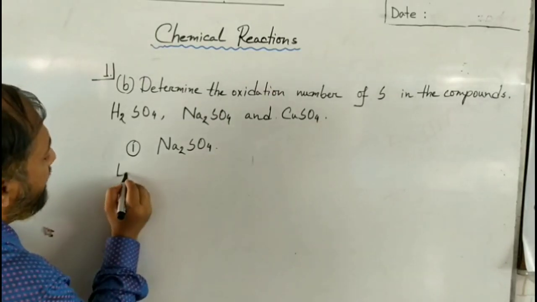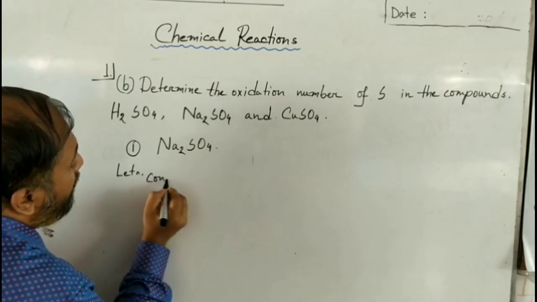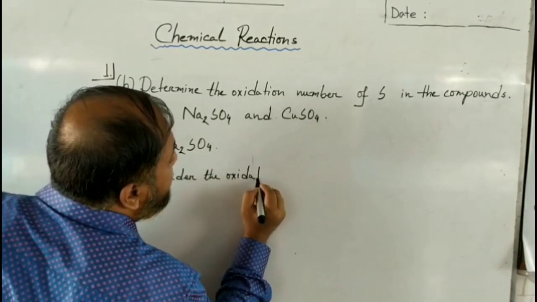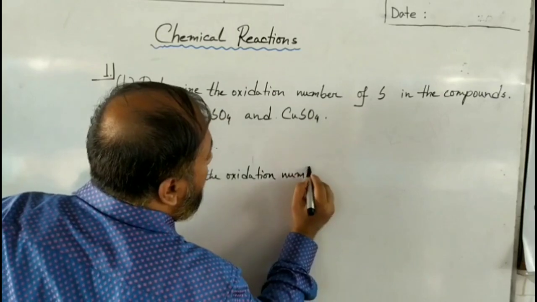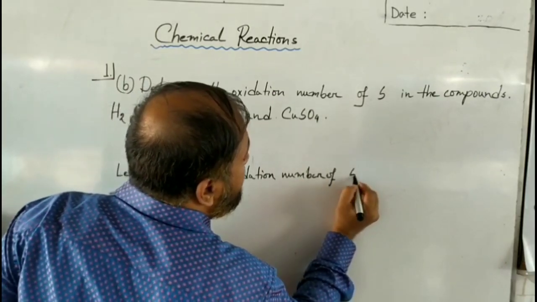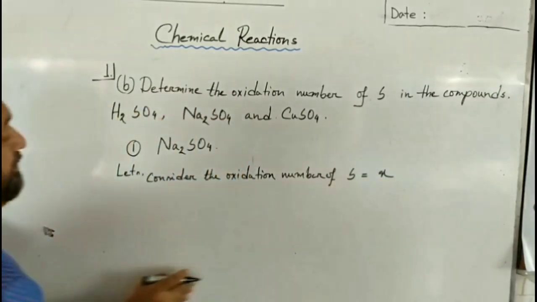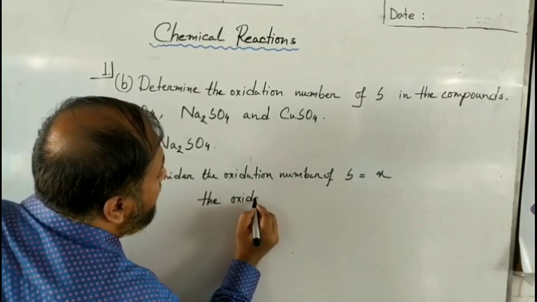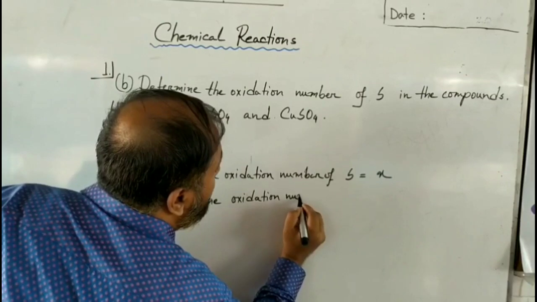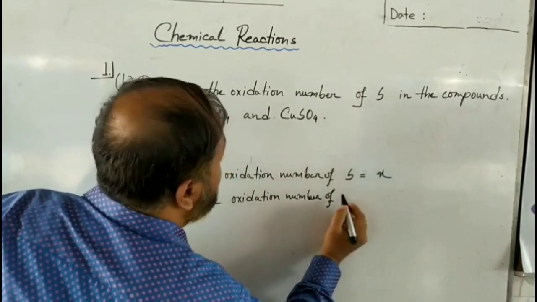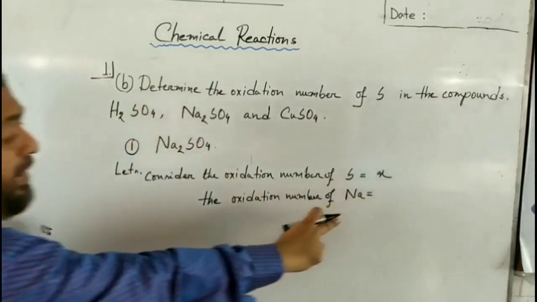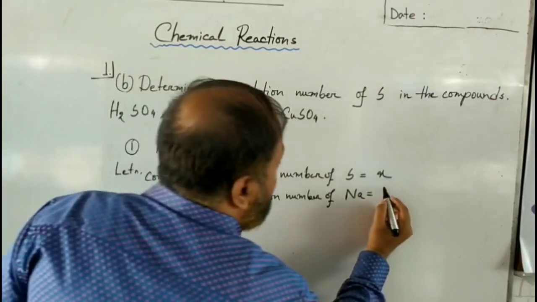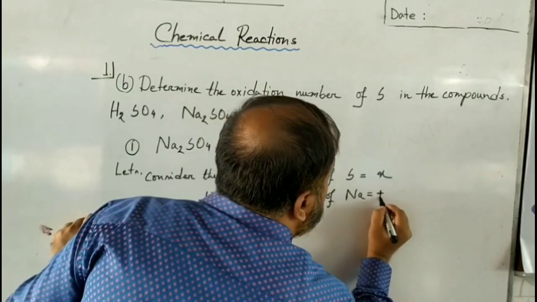Once again, let's consider the oxidation number of sulfur is equal to X. The oxidation number of sodium: we know sodium is a metal, therefore its oxidation number must be positive, and we know the oxidation number of sodium is +1.